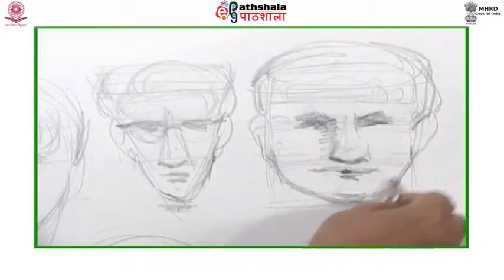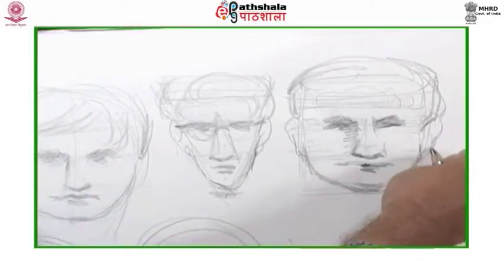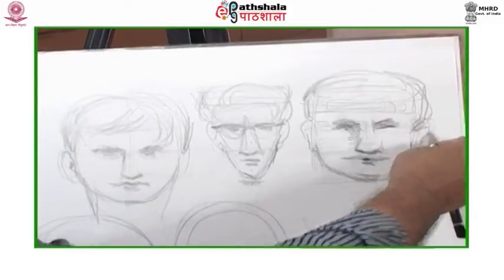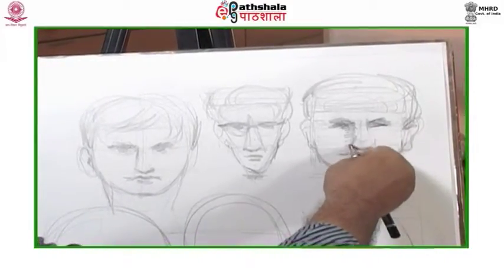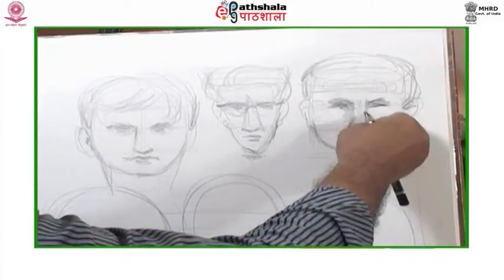Are the tonal variations at that point largely responsible for the face appearing in a certain way?